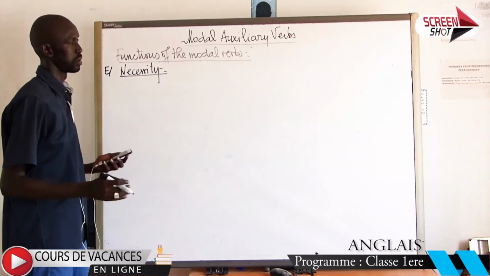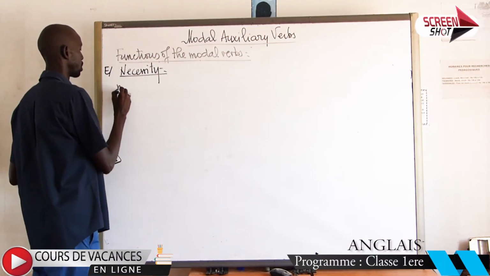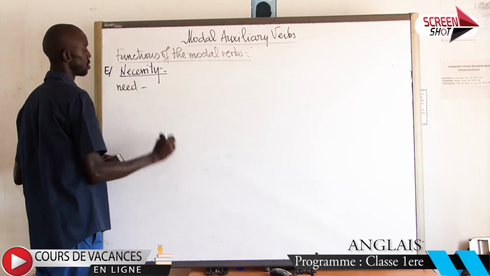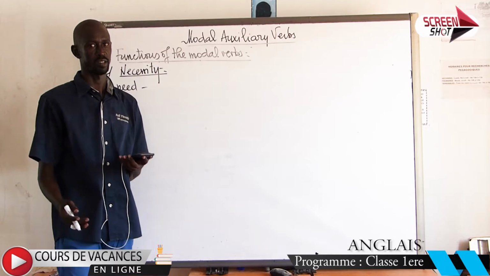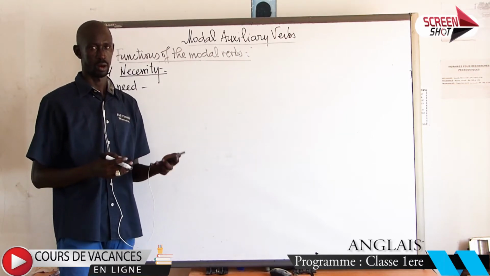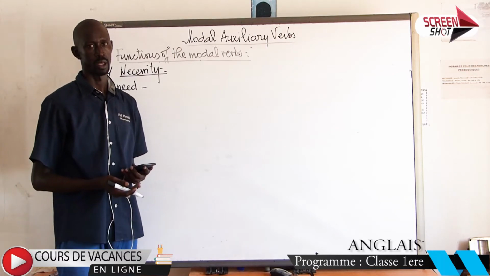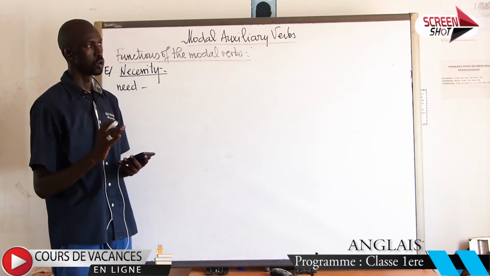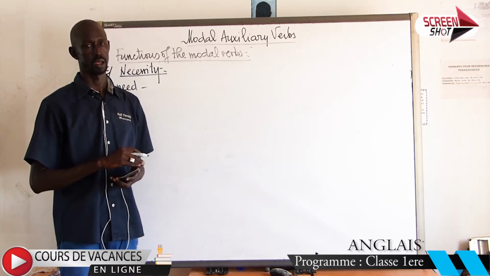Now we have to express a necessity. So there we use the semi-modal need. Need. And I explained lately that need, it can be considered as ordinary verb. It can be also considered as a modal verb. If we use the negative form, needn't, it means that it is auxiliary.